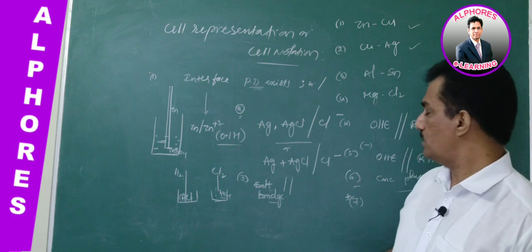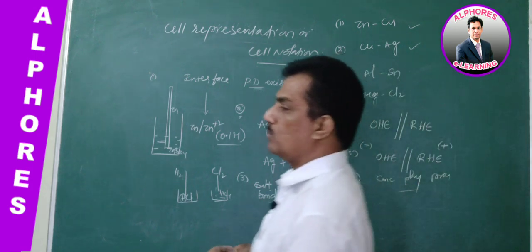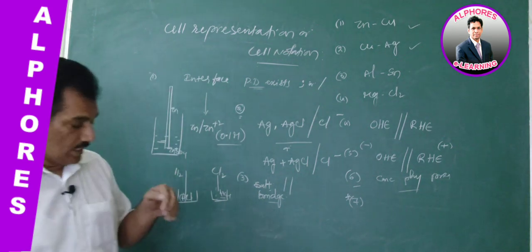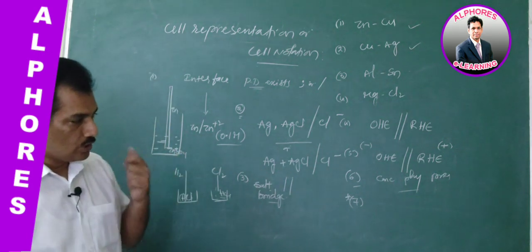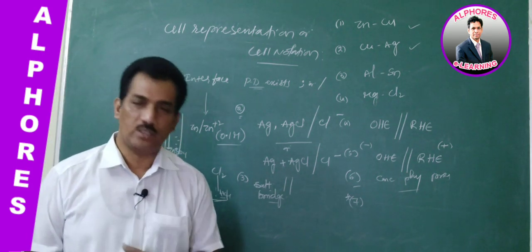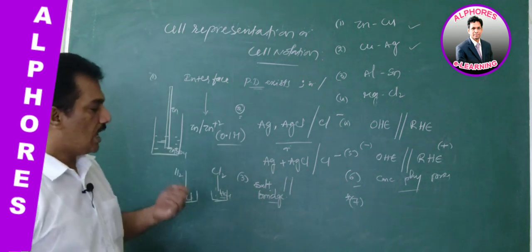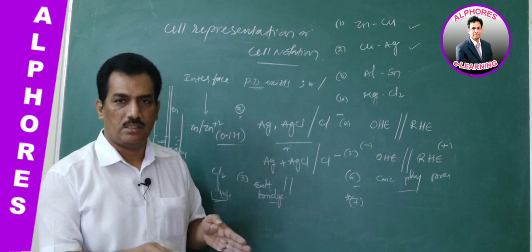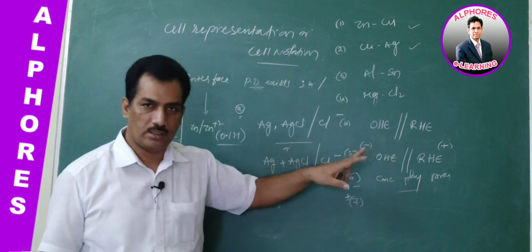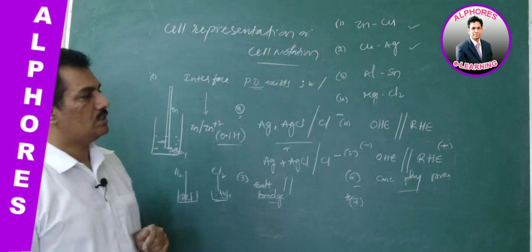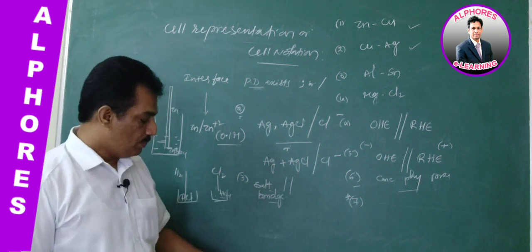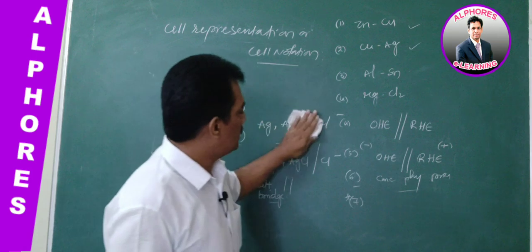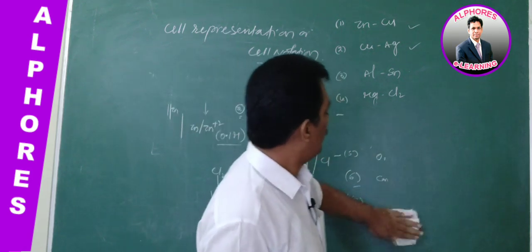And one more: when the two electrodes have the same electrolytic solution, that common electrolytic solution can be represented between the two parallel lines. These are the conventions from IUPAC. And now, by following all these conventions, how can we write the cell representation for the so-called 4 cells?